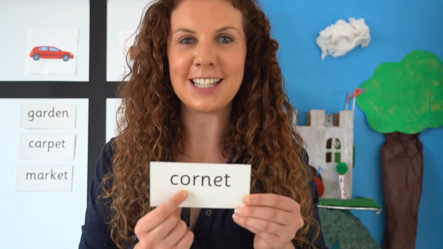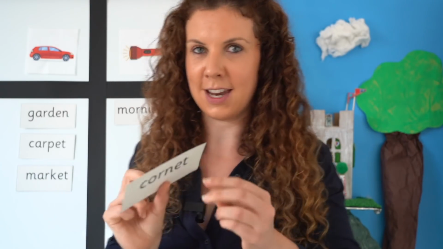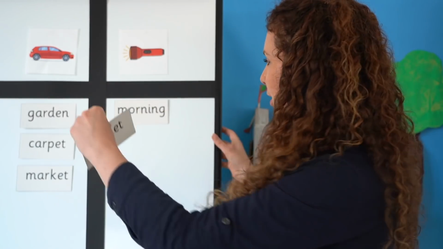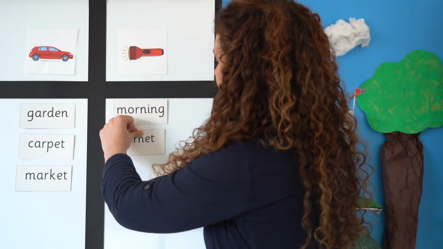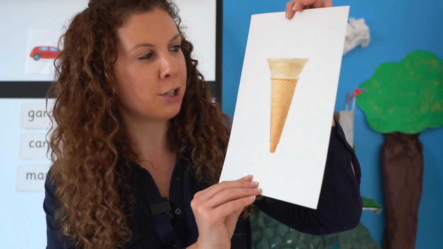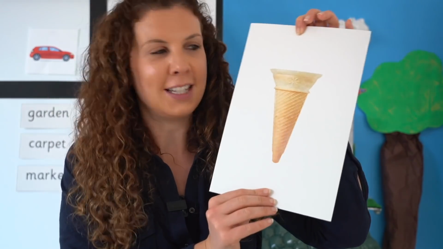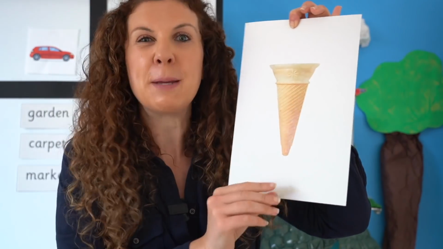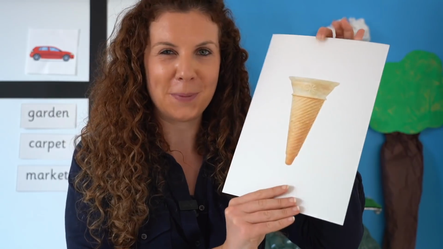That's right, it's got the or digraph in. So we'll put this word, cornet, under torch. Brilliant. Here, we've got a picture of an ice cream cornet. Oh, these are delicious in the summer. With a big ball of chocolate ice cream on the top. Yum.